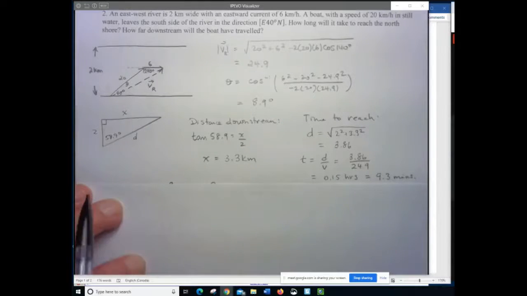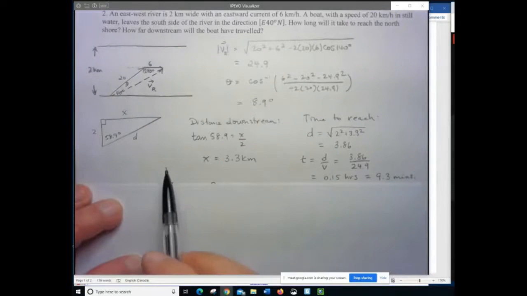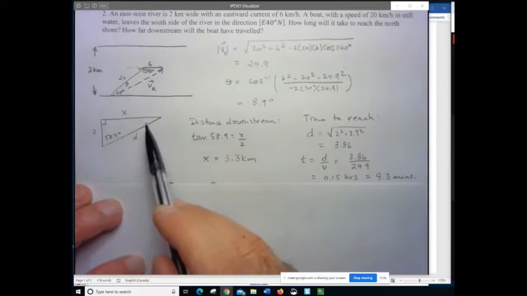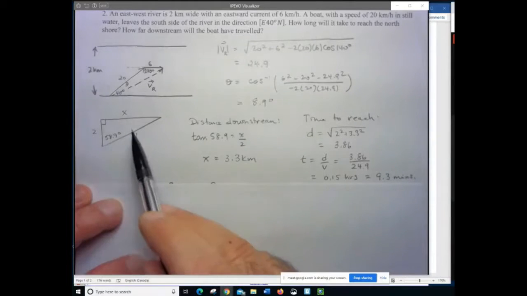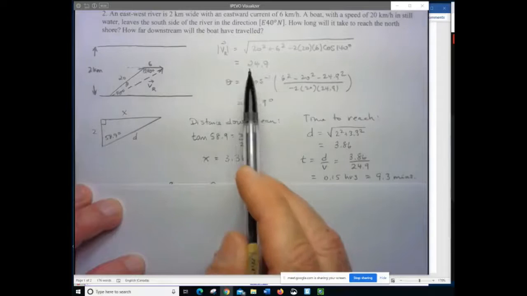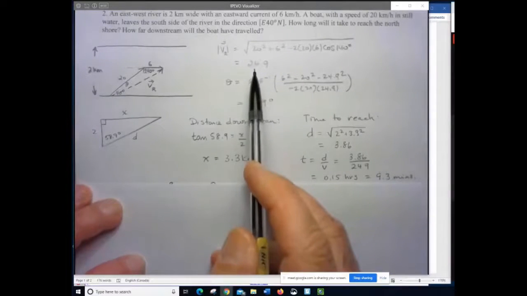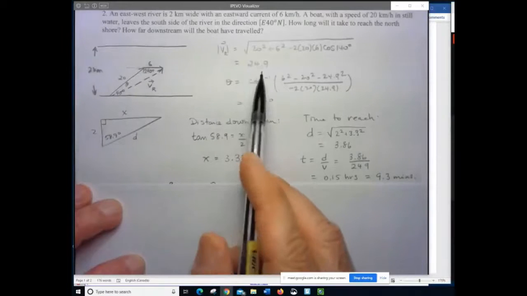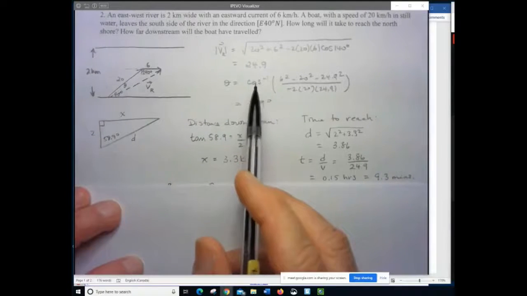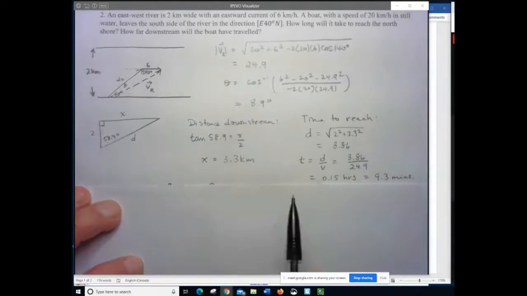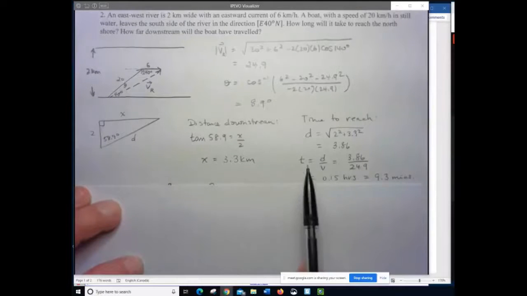Okay, now how did I find the time? Well, I said, let me find this distance that it travels, and remember that I know its speed. And again, assuming that it's traveling at a constant speed, which, even though they didn't specifically tell us that, that's what we're going to assume here. I can just use my relationship between time, distance, and speed.